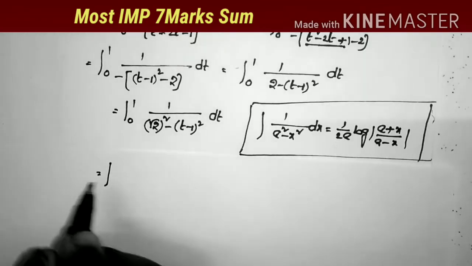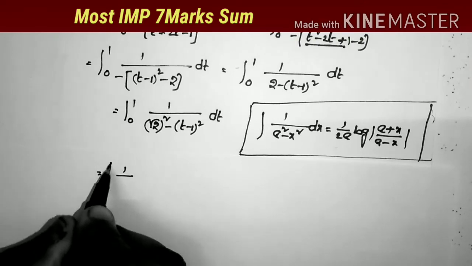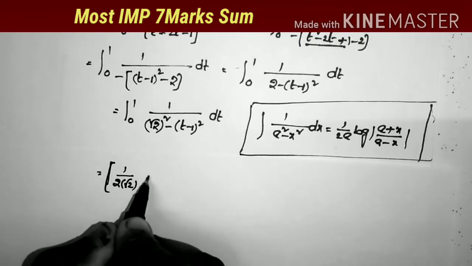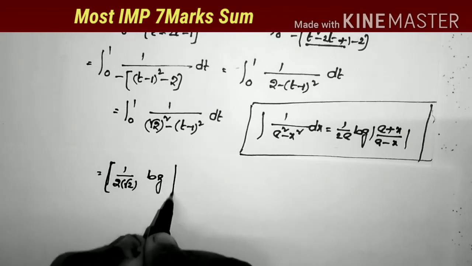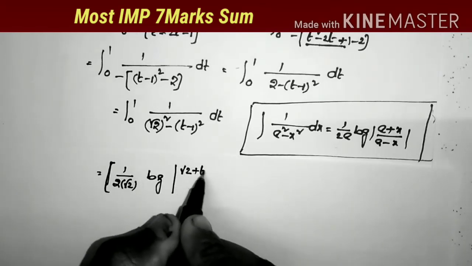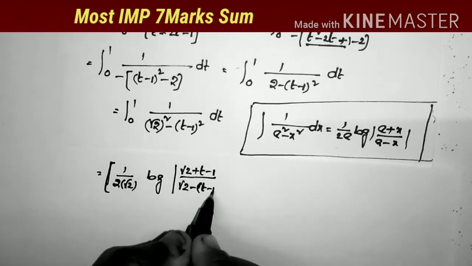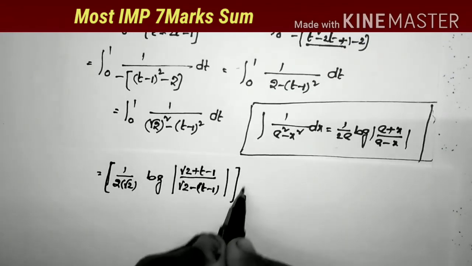So this is equal to 1 by 2a, means 1 by 2 into a value root 2, 1 by 2a log of (a + x) by (a - x), root 2 plus (t - 1) by root 2 minus (t - 1), within the limits 0 to 1.